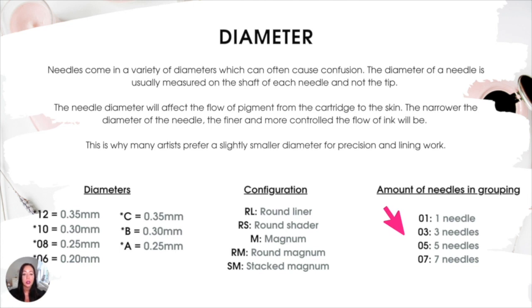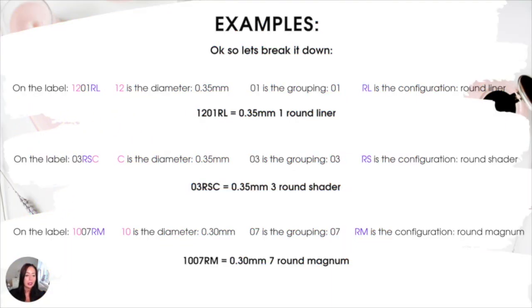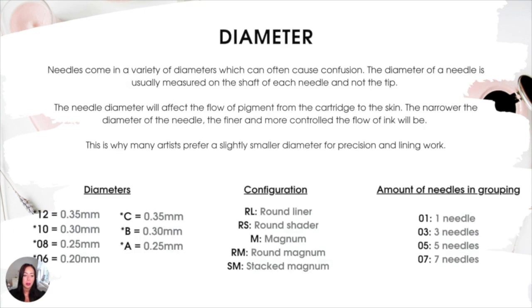So a single needle would be an 0.1. If you had, say, a 3 round liner, you're going to see the 0.3 because you have 3 needles in that grouping, and so on. Your 5, your 7, your 9s, 11s. So let's just break this down. On your label, you have 1201 RL. So 12, we know that's going to be our diameter. If we flick back here, 12 is a 0.35.